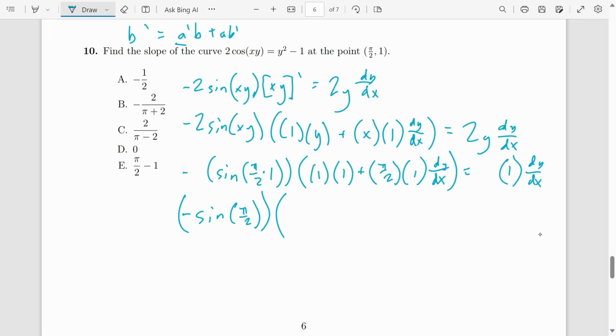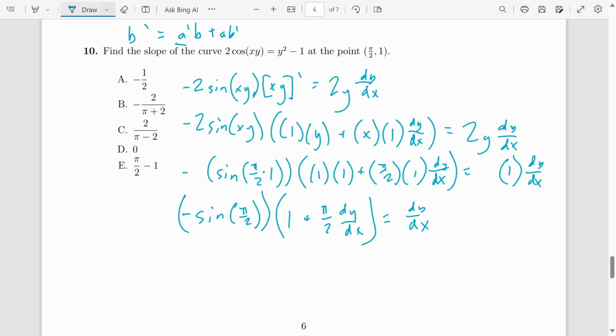And now this inside part we should probably take care of, a lot of things being multiplied together. On the left side is 1, and on the right side is pi over 2 times 1 times dy over dx. So that's going to be pi over 2 times dy over dx. There we go. And then all equals dy over dx. Now multiplying the negative sine of pi over 2, oh, actually we can simplify that.